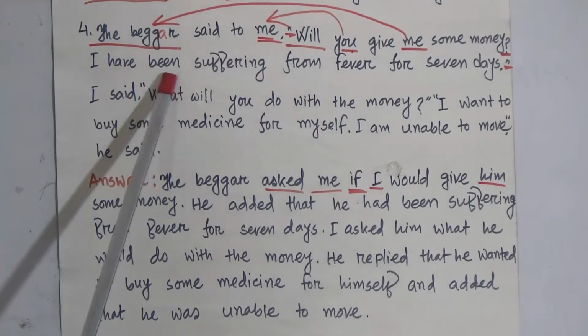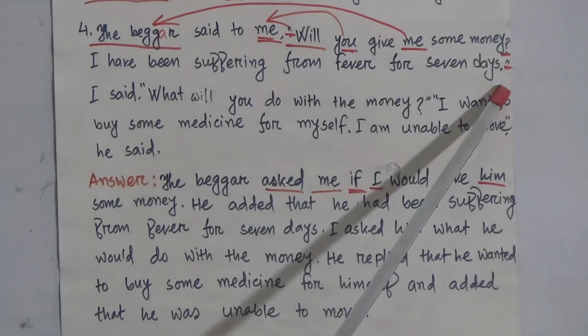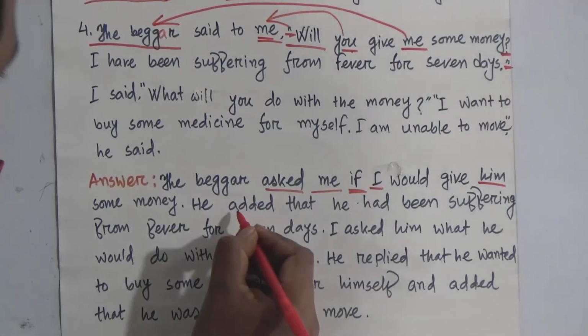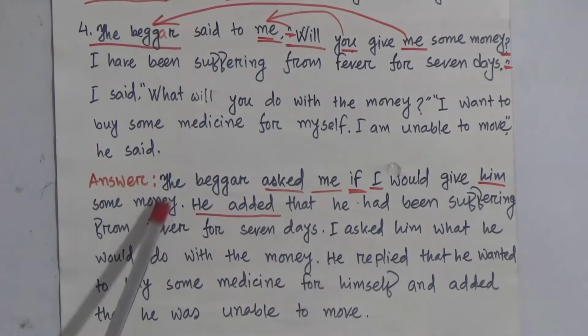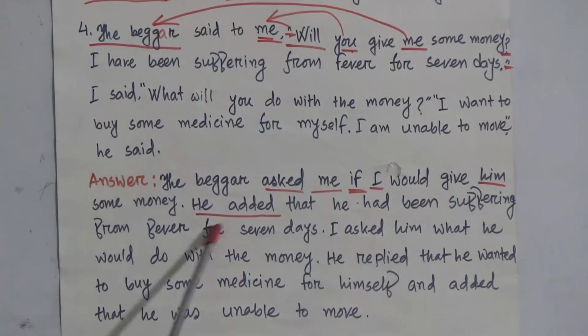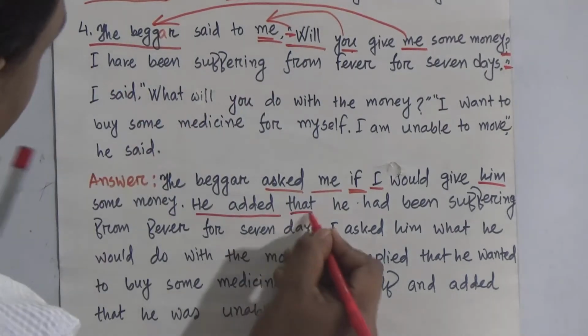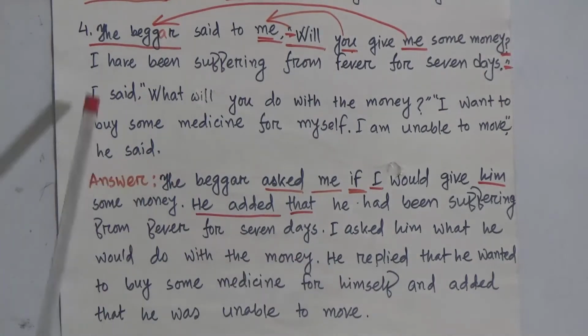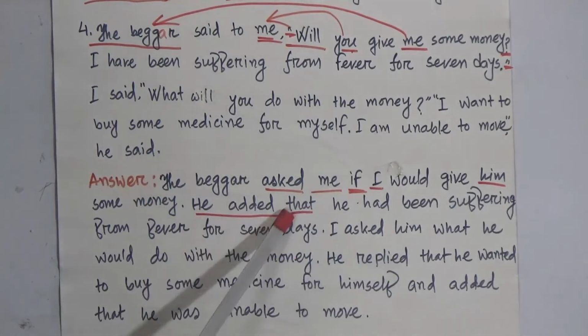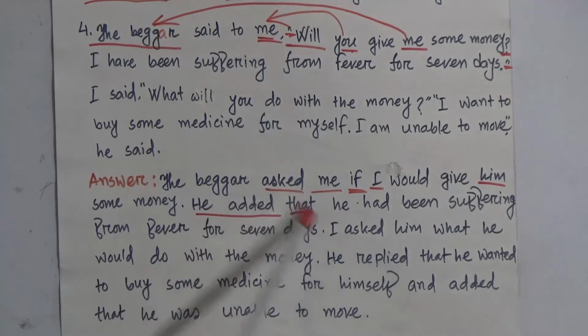We may write he also added that, or he added that, or he also said that. You may write whatever you like. Although it's an assertive sentence, we have to use that. He added that, or he said that, or he also said that, all the same, doesn't matter.